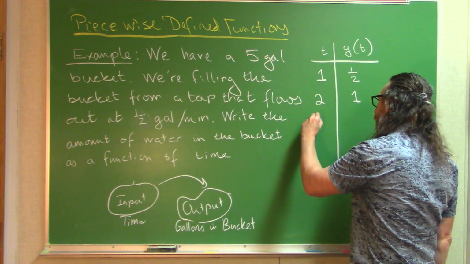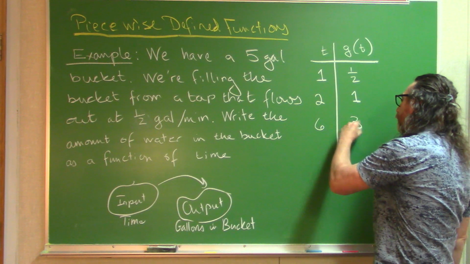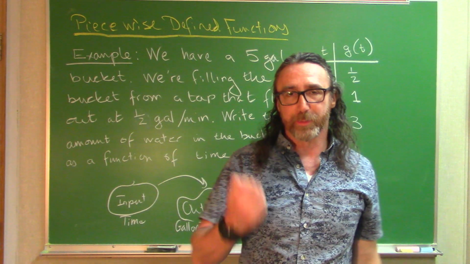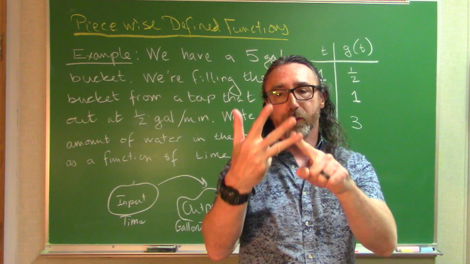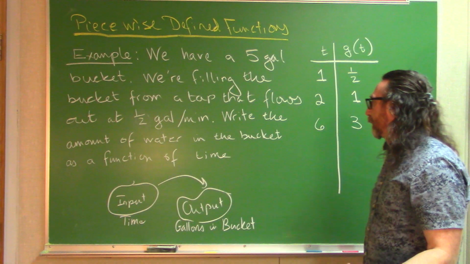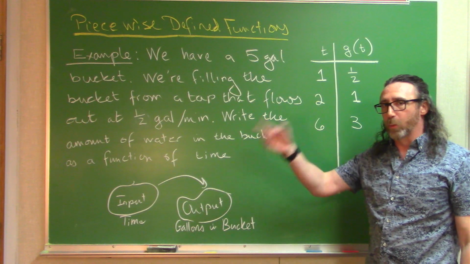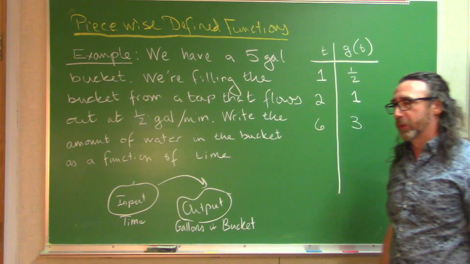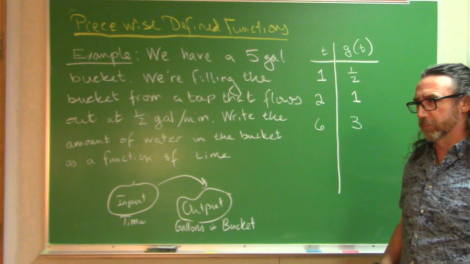If I let the water run for 6 minutes, I would have 3 gallons in the bucket: half a gallon, 1 gallon, 1.5, 2, 2.5, 3 gallons after 6 minutes. The easiest thing to do is just multiply your time by 1/2, and that gives you the amount of water in the bucket.